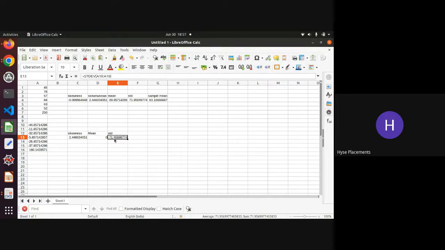In order to reduce the spread, we use the formula again, x minus mu divided by sigma. The last one is sigma. So I'll calculate the sigma values from here: equals x minus mu, this value, divided by the standard deviation value.